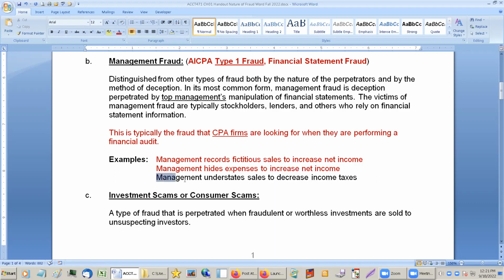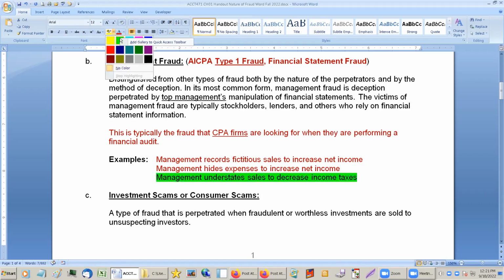Now, it is possible, though, that the fraud's kind of going in a different way. Especially for smaller companies, a lot of times they're trying to understate their income because they want to pay less taxes. So it could go the other way. Sometimes they're trying to make financial statements look better, and sometimes they're trying to make them look worse.